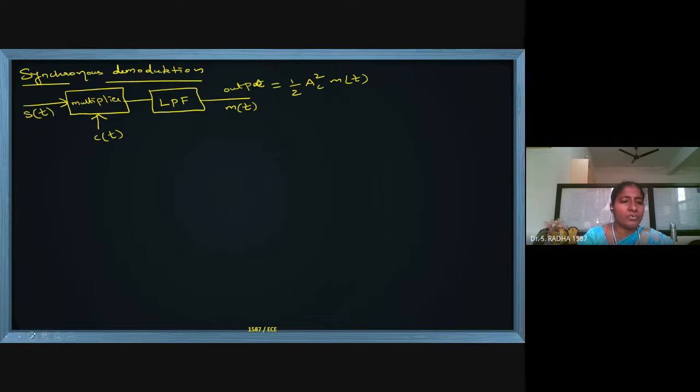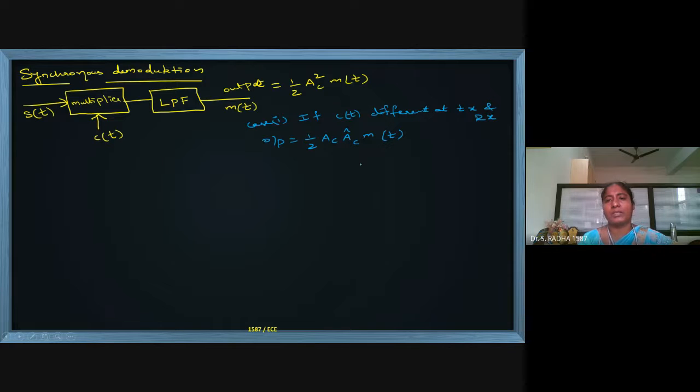So here we have different cases. Case 1, if carrier C of t is different at transmitter and receiver, then output will be half AC cap and M of t.